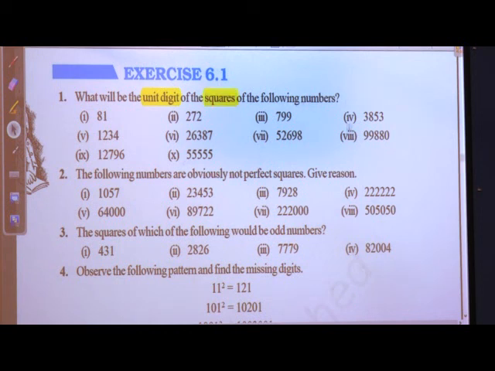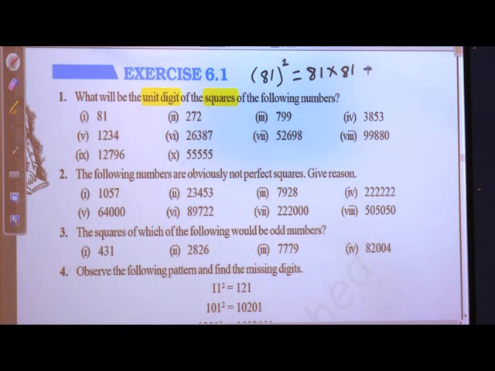They are asking, if we take the square of this value, 81 squared, what will be the unit digit of 81 squared? In other words, 81 squared is nothing but 81 multiplied by 81.